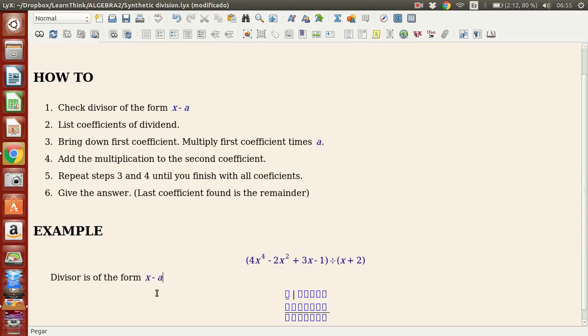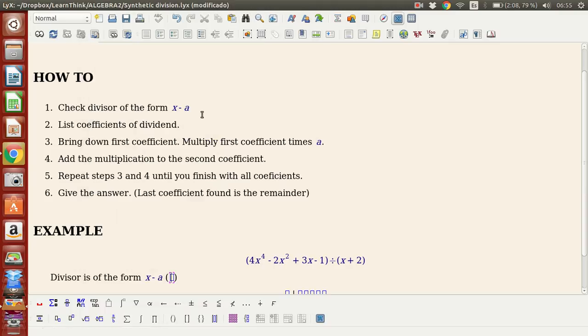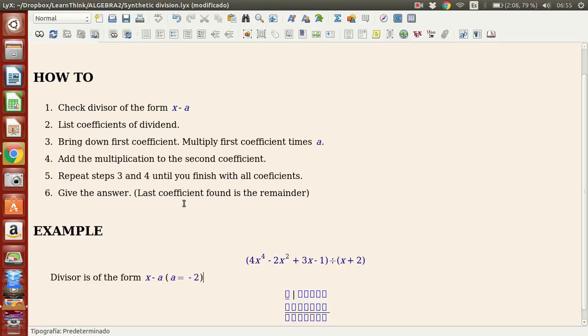Some students ask me in class, hey teacher, but it's plus 2. So you have to change the sign. So a is equal to negative 2.